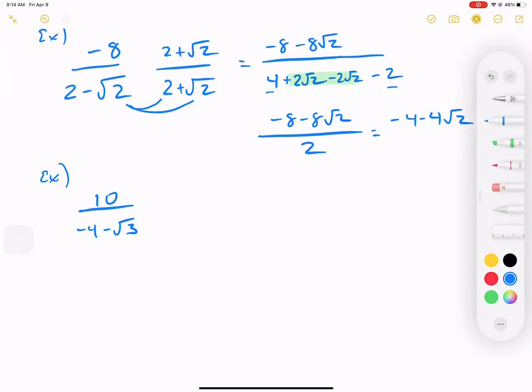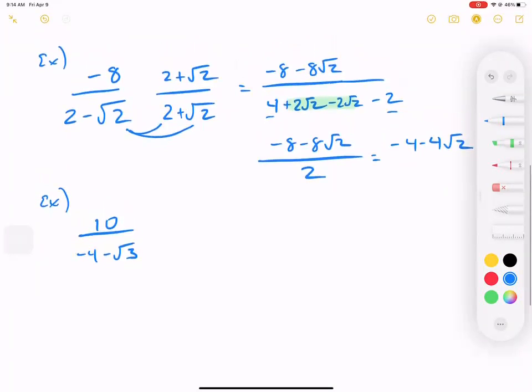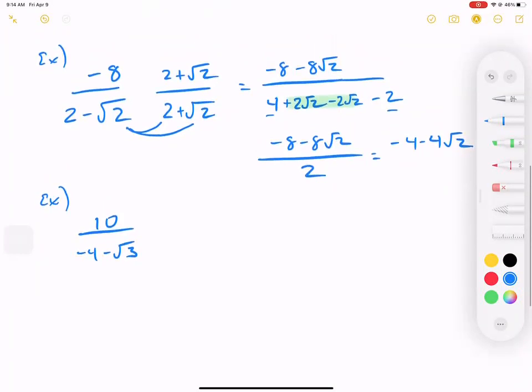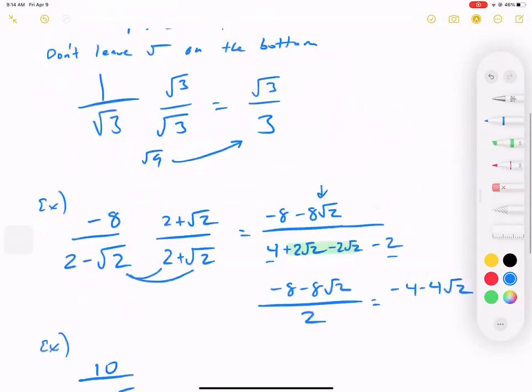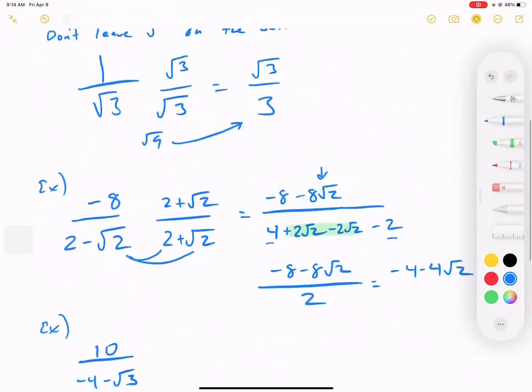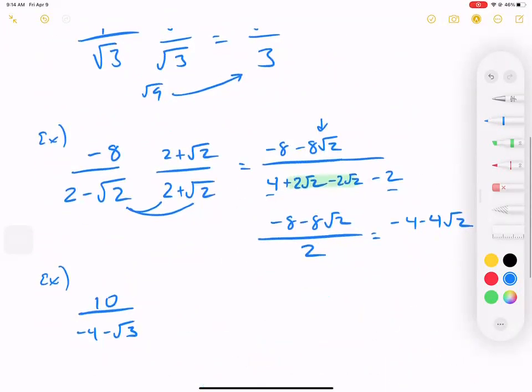So in our case here, oops, did I make a mistake here? 8 times 2 is negative 16. Sorry, someone is asking if I made a mistake. Are you talking about this part right here? For the first example, oh yes, right here.